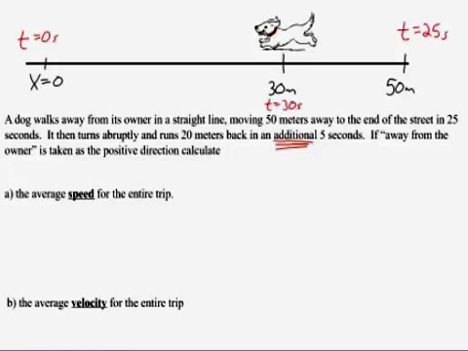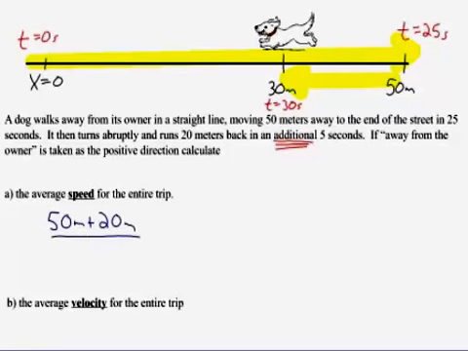So first we're going to find the average speed for the entire trip. And to do this, we need to look at the total distance. So with this, we have him running all the way to the end of the street, which is 50 meters, and then he comes back an additional 20 meters. And so looking at that, my total distance traveled is 50 meters plus 20 meters, which is 70 meters.